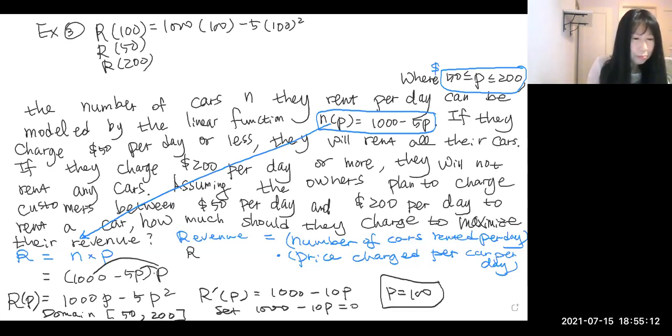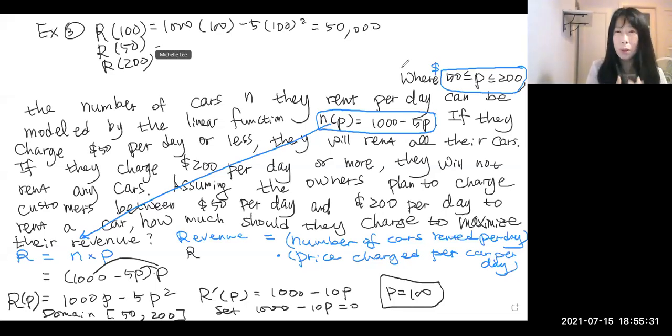Okay, so what do you get? 100 squared, so it's 50,000. How about when P equals 50?